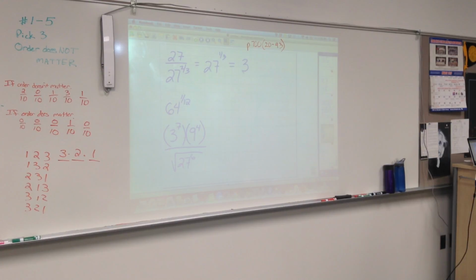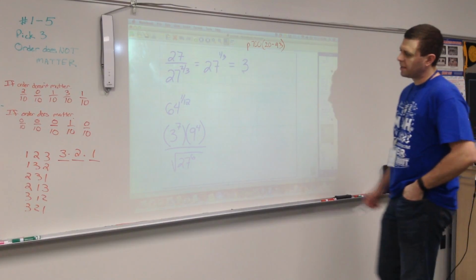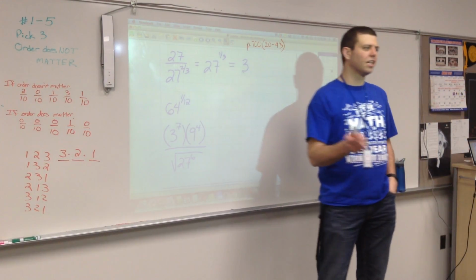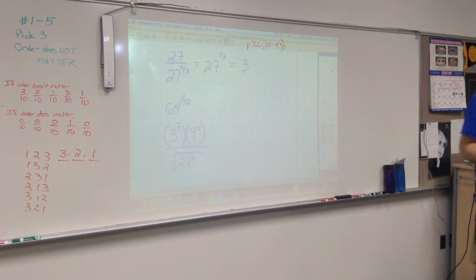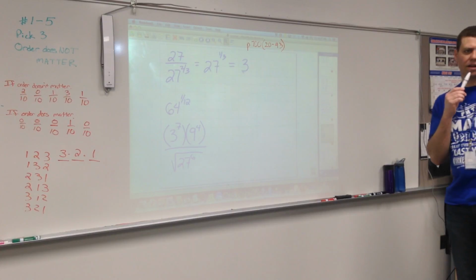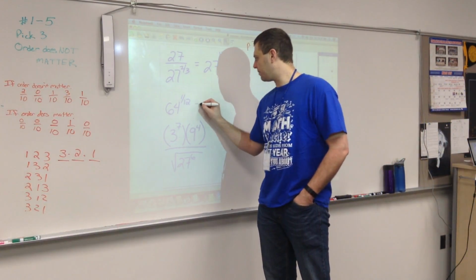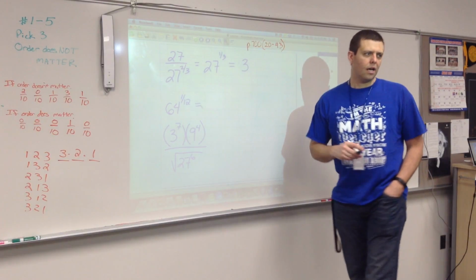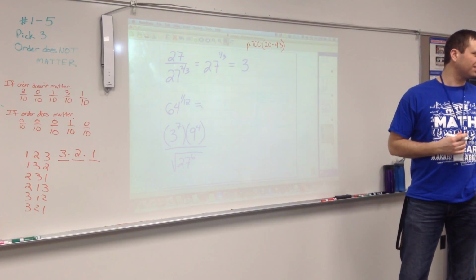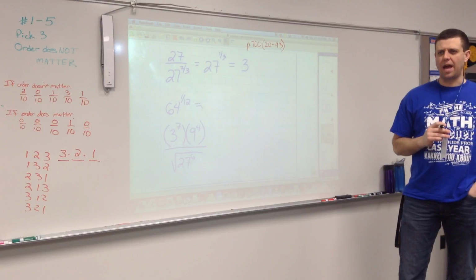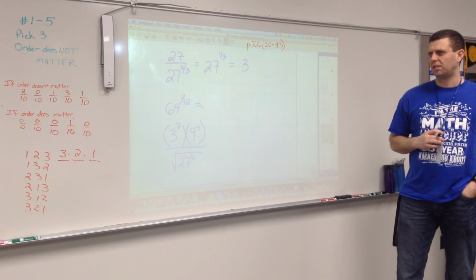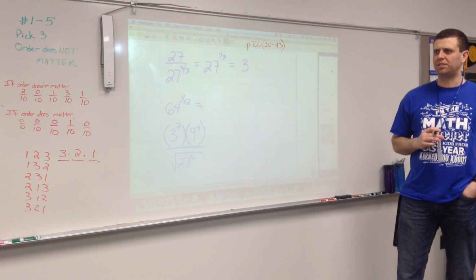Okay, 64 to the 1/12 power. Okay, you get this on your calculator, you're going to get some decimal answer. I want you to leave it as an exact answer, or in other words, simplest radical form. Okay, so to do that, I'm going to write 64 with a base.